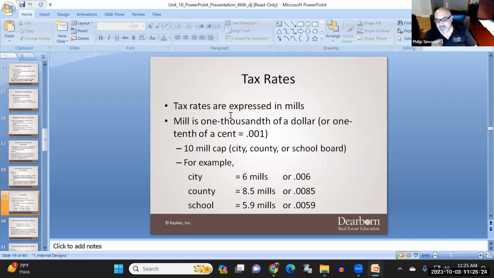The county is 8.5 mills or 0.0085. And the school is 5.9 mills or 0.0059. So if they tell you it's 6 mills, you have to move the decimal point 3 places when you're calculating, because it's mills. If it's 8.5, you go 1, 2, 3, 0.0085. That's how you do the math calculations. Always 3 to the left.